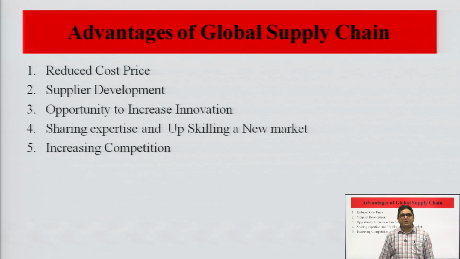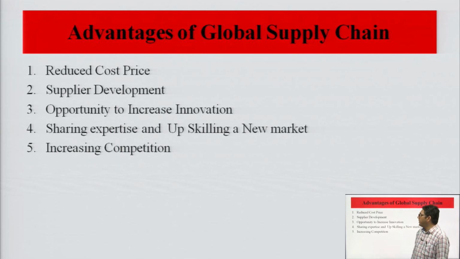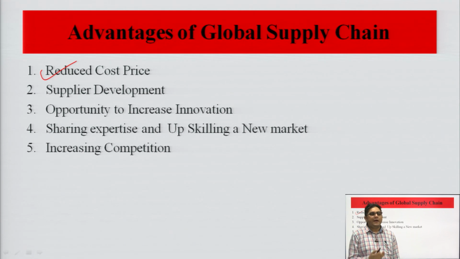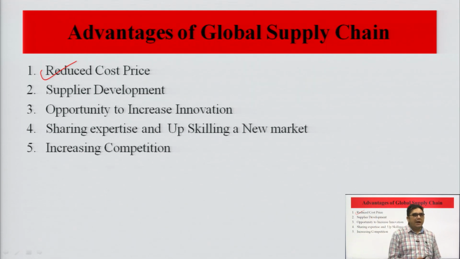Next, it is the advantages of the global supply chain. First, it is the reduced cost price. The global supply chain has helped organizations lower the cost of production by shifting their manufacturing plants or units to developing countries like India, China, Taiwan, Indonesia or several other countries, and this way companies are capable of lowering their total cost of production.